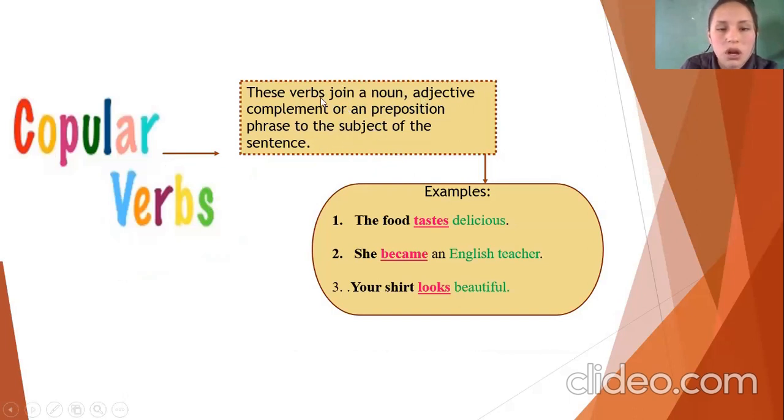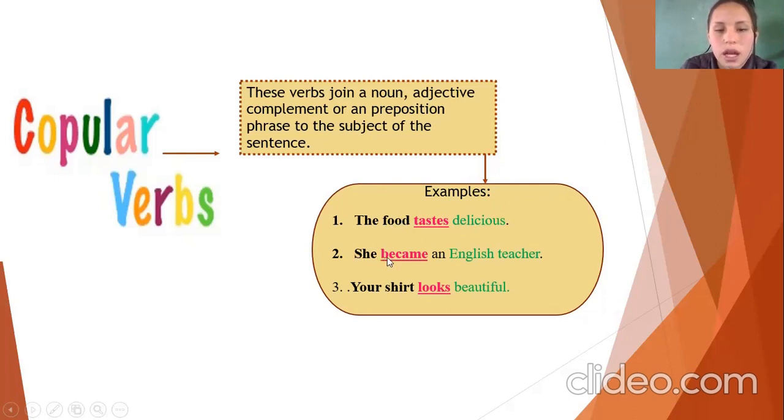The most common copular verbs are be, seem, appear, feel, and others. For example, the food tastes delicious. In this sentence, the copular verb is taste, and it is joining the adjective complement with the subject, that is food.